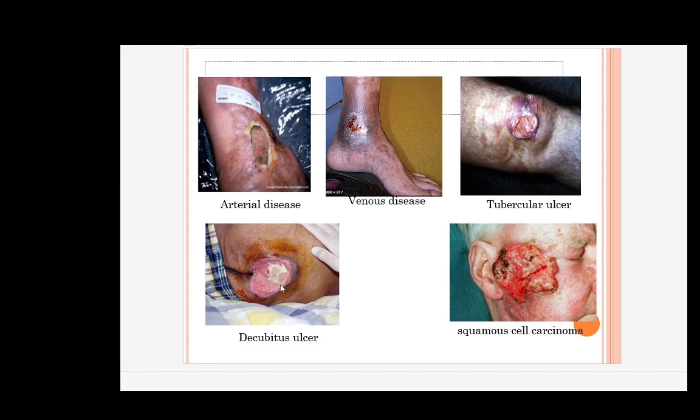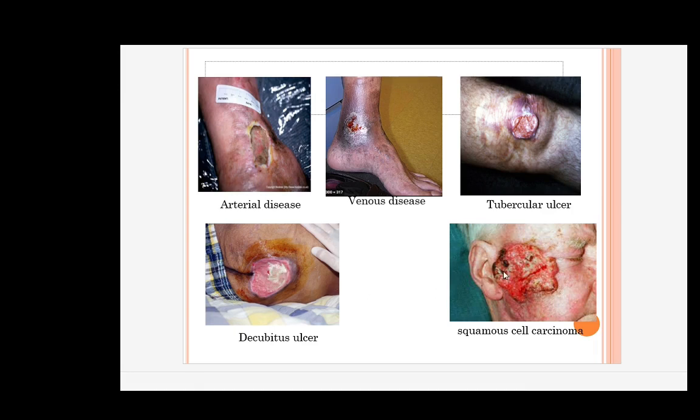In any pressure bearing area, the healing is very poor. It takes a long time to heal, and many a time it requires us to excise this area and bring in a flap for it to heal. But most importantly, we have to ensure what is called pressure offloading, meaning we do not subject this area to any pressure.